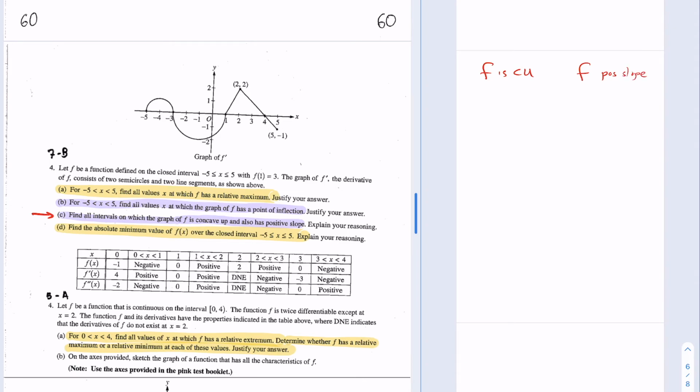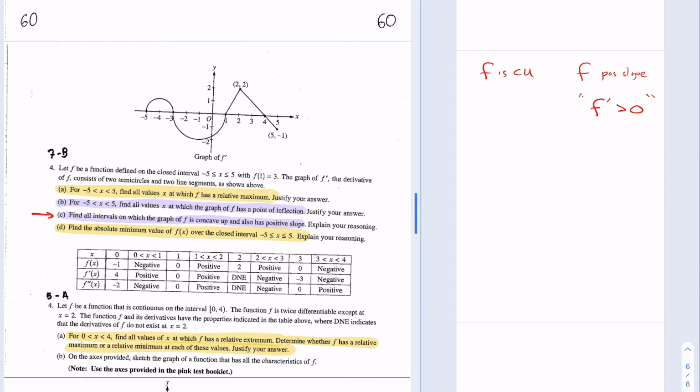Okay, so first off, F having a positive slope. You have to remember that slope just means derivative. So you want the derivative to be positive. That's really what it's saying. Okay? So we're trying to find out where F is concave up and where the derivative is positive at the same time.